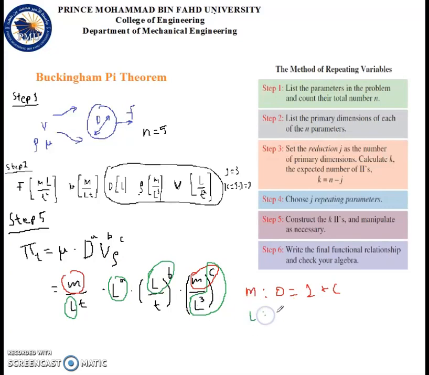So 0 must equal minus 1, because this length is in the denominator, plus a, plus b, minus 3c.